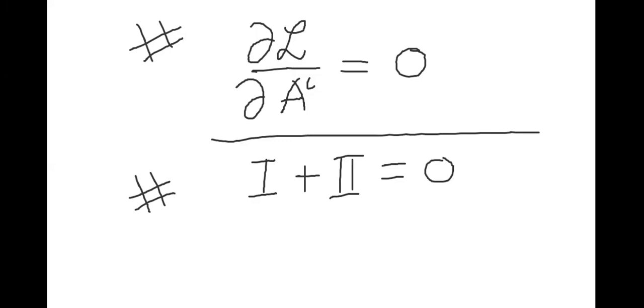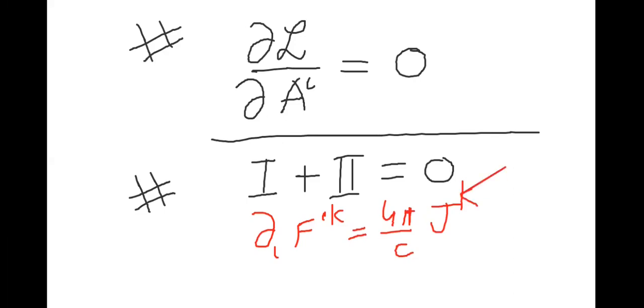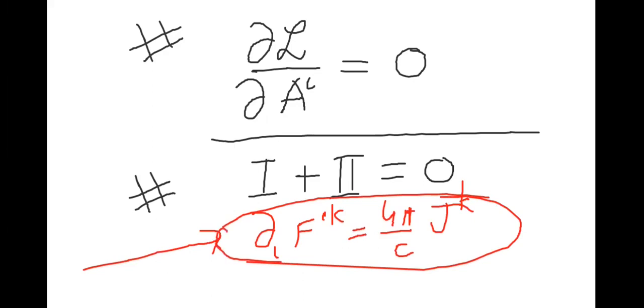If you can find the first term and the second term, then from there you can establish that del_i F^ik is equal to 4 pi by c j^k. Okay, so these are easily identified as the so-called Maxwell's field equations.